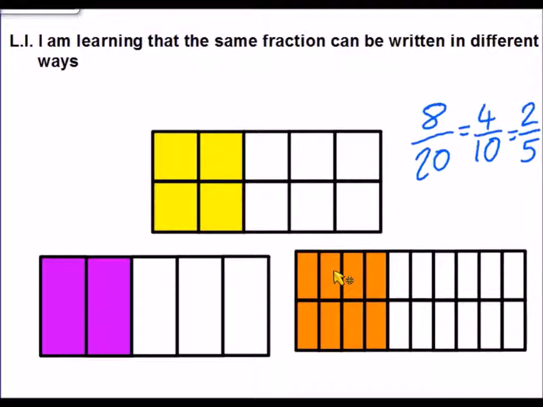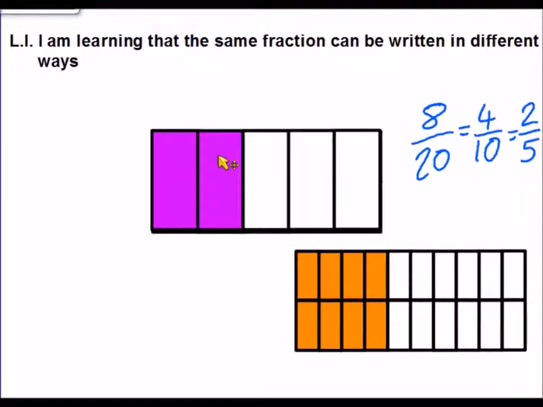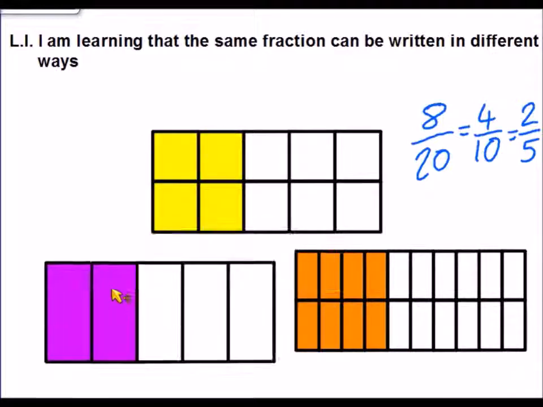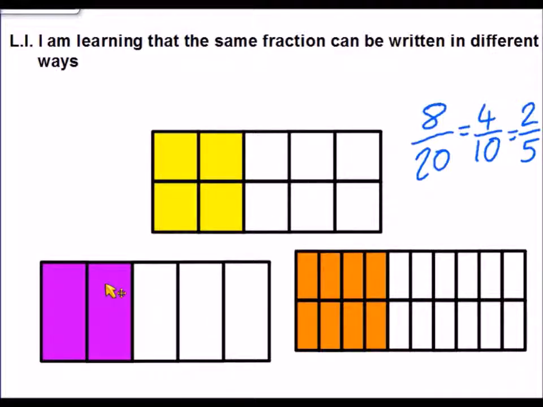I'm imagining something split into 10 parts, and then we're talking about 4 of those parts. But by far the easiest way to describe this is 2/5ths, because it's the simplest way of describing this fraction. So we could go for something really complicated, like 8/20ths, or we could write it in the simplest possible form, such as 2/5ths.